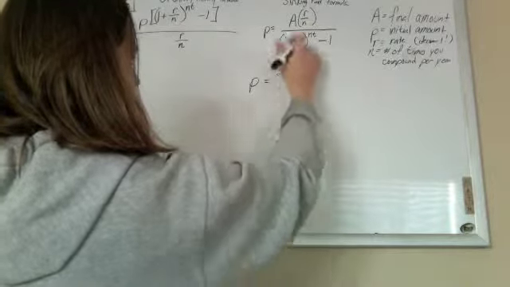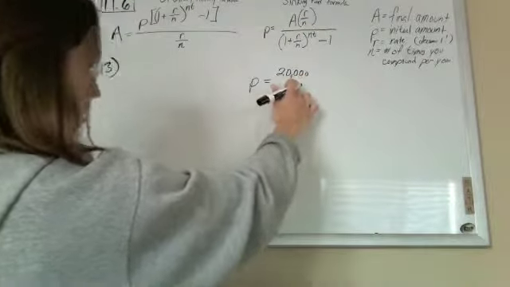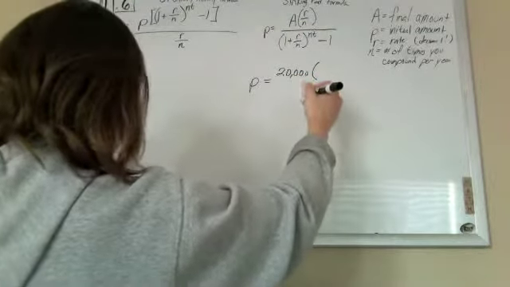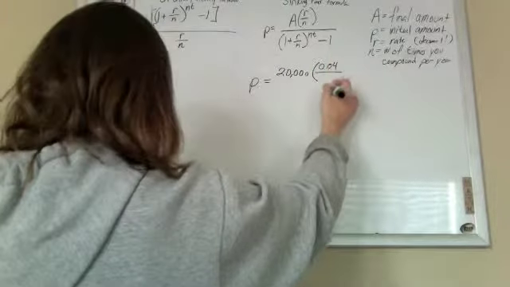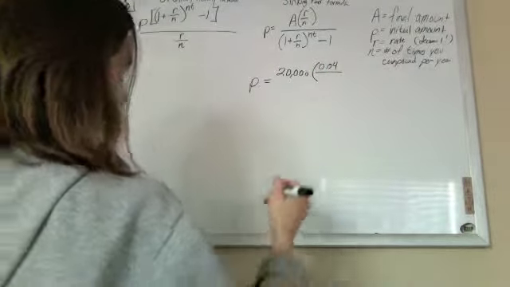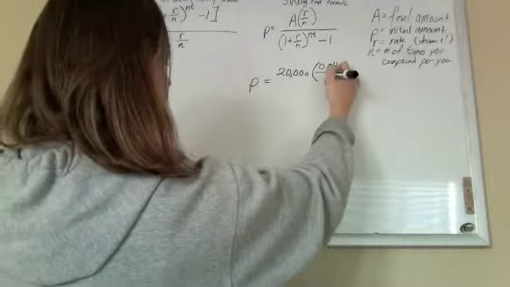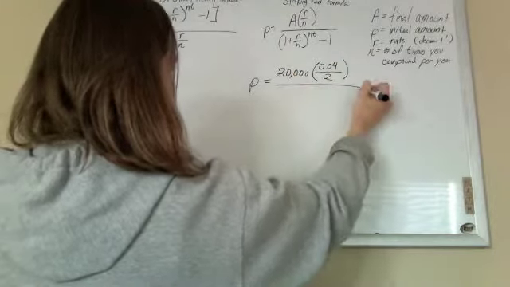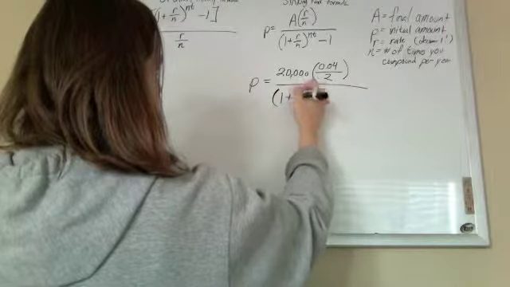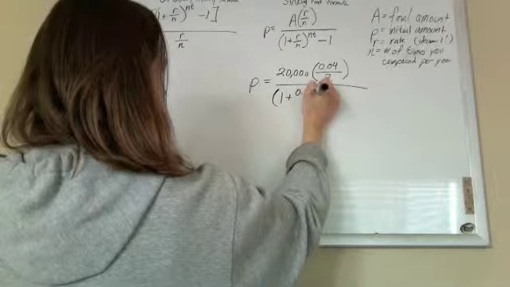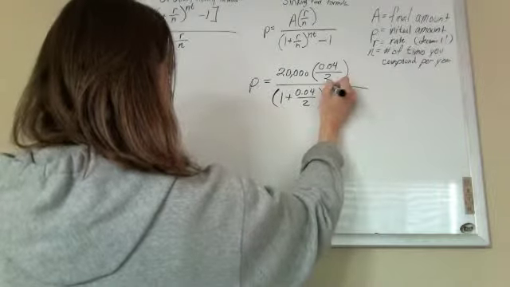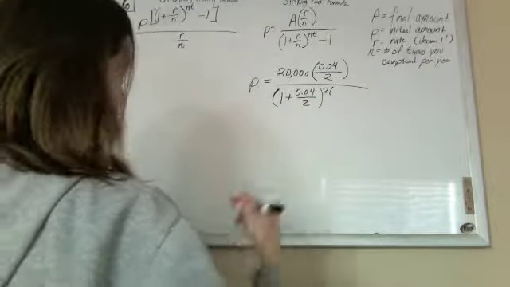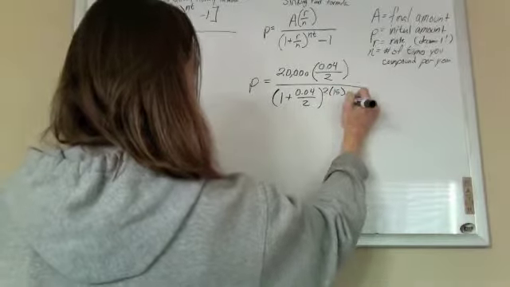So my final amount is $20,000. And then I'm multiplying that by the rate, which is 0.04, and then n, I'm compounding semi-annually, so n is 2. Then I'm dividing by 1 plus 0.04 divided by 2. Again, n is 2, and the time I need to do this in is 15 years, and minus a 1.